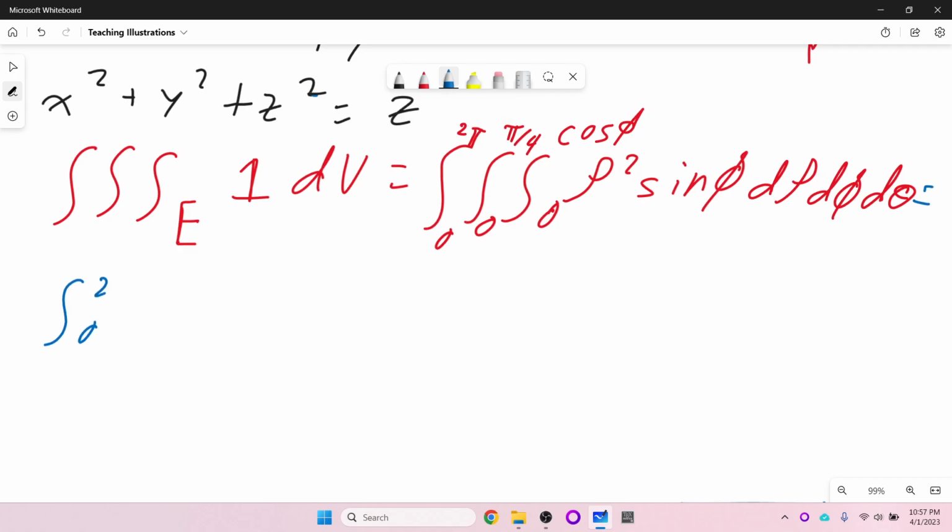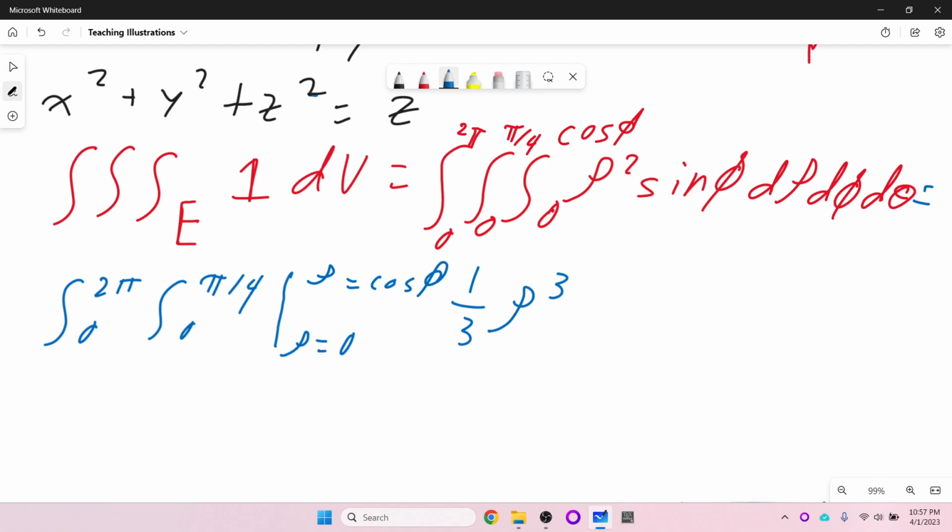So 0 to 2 pi, 0 to pi fourths, and then we're doing the integral of rho. So that becomes, evaluate from rho is 0 to rho is cosine phi of 1/3 rho to the third sine phi d phi d theta.